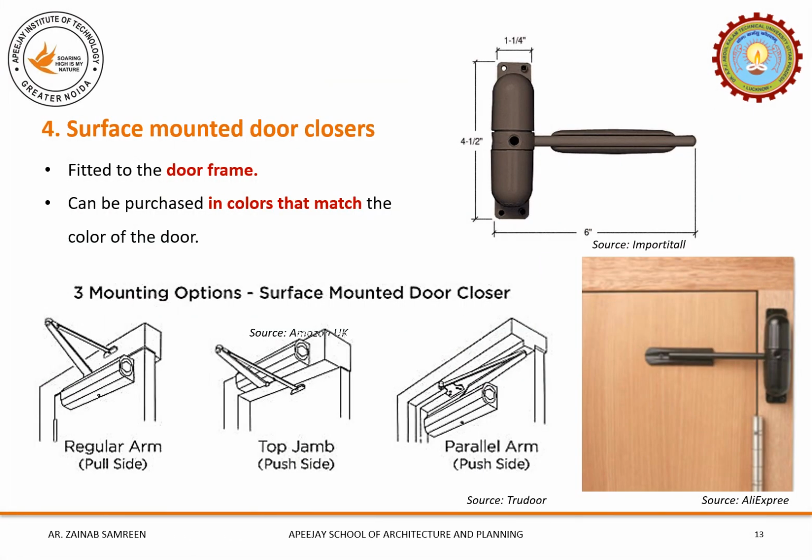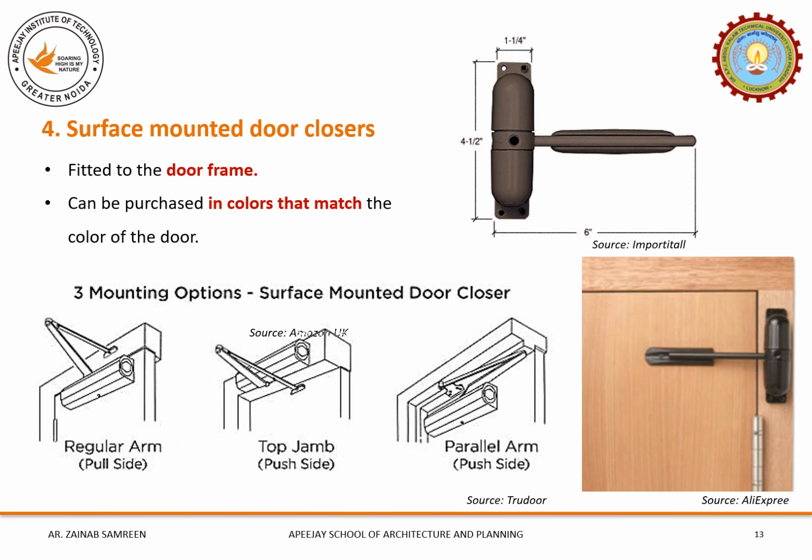The fourth one is the surface mounted door closure. As the name itself suggests, surface mounted means the closure is mounted on the surface of the door or the frame. So these kinds of door closures are fitted to the door frame. You can see here, and the arm is fitted to the door.